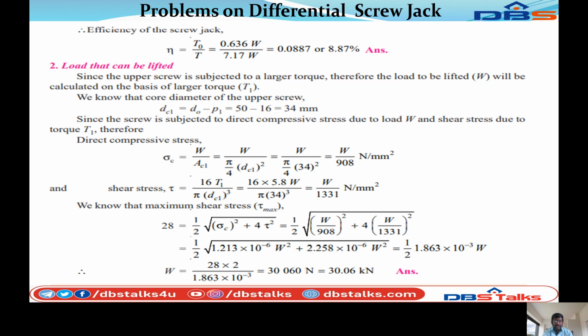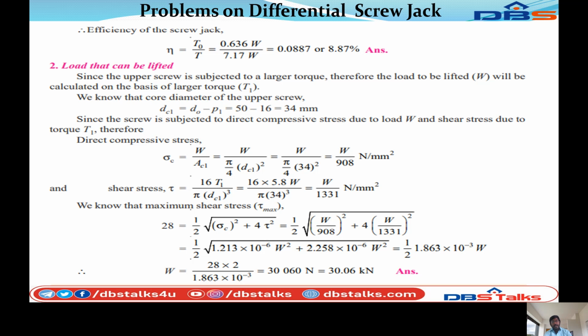This is the compressive stress sigma C. The shear stress tau is equal to 16 into T1 by pi into DC1 whole cube, that is 16 into 5.8 W by pi into 34 whole cube, equal to W by 1331 Newton per mm square.